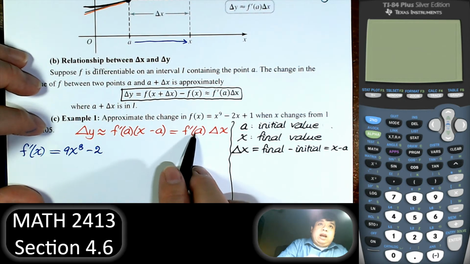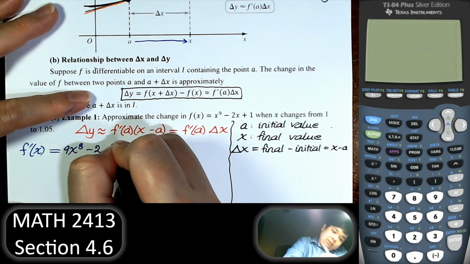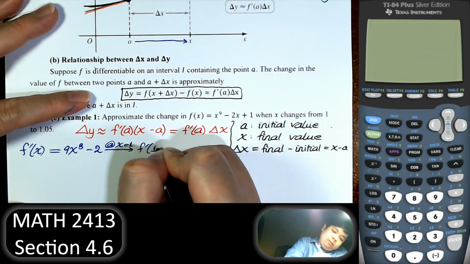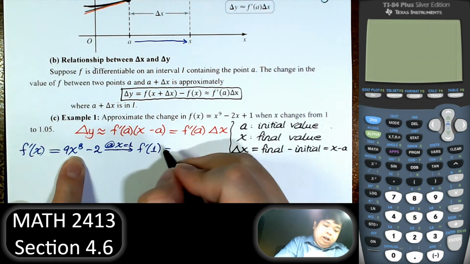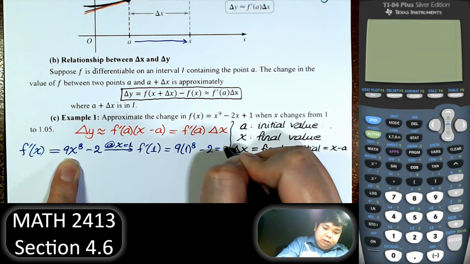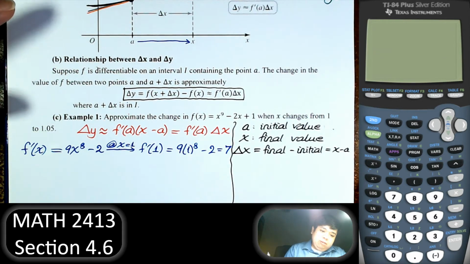Evaluate at a, which is 1. Derivative of 1 at 1. So it is 7. Right?